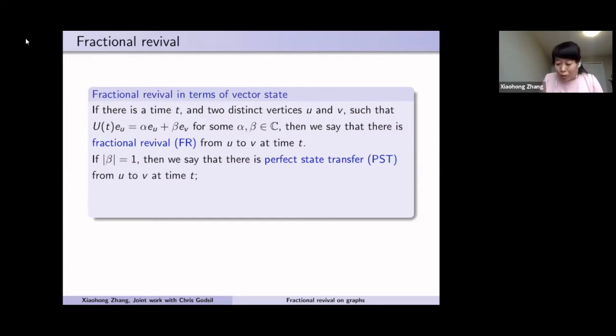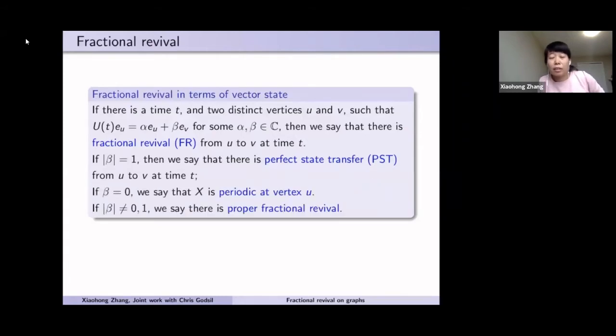And the smallest possible value for the modulus of beta is 0, equivalent to beta being 0. In this case, we say the graph is periodic at vertex u. For all the other cases, which means alpha and beta are both non-zero, we say there is a proper fractional revival.